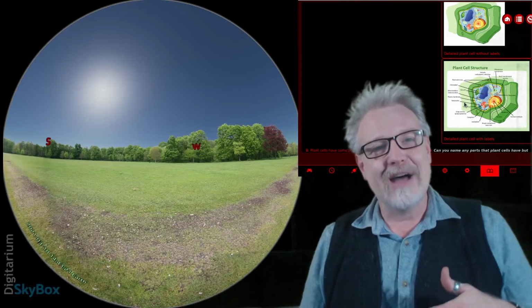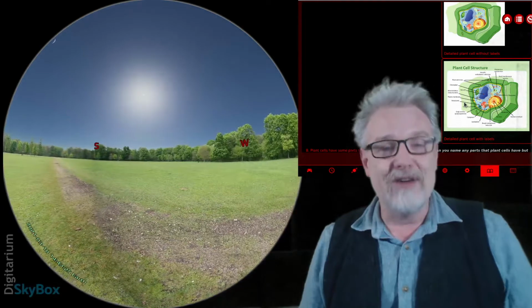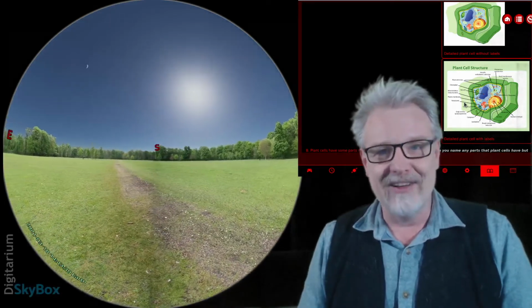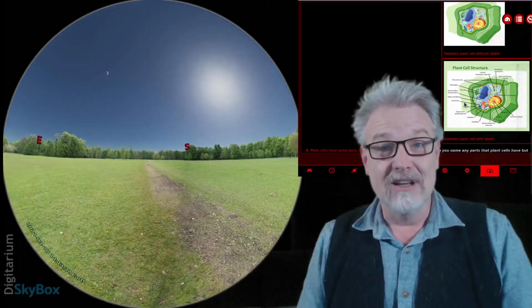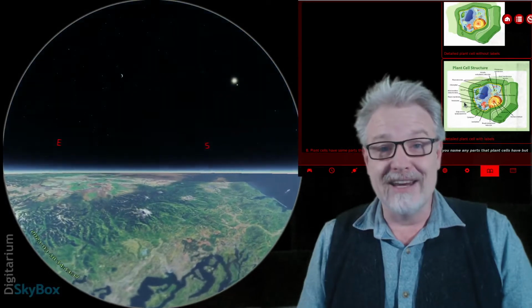So when I think about our planet and looking out at the plants around us, thinking about how important that little cell organelle is for life on our planet. All life that I can even imagine.